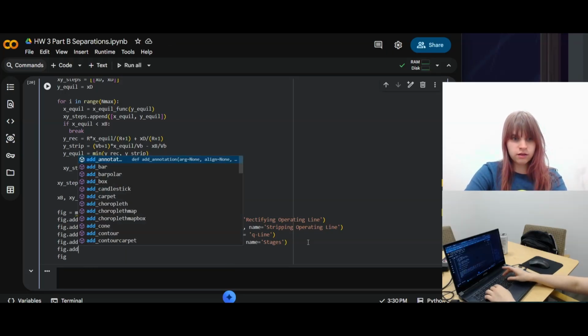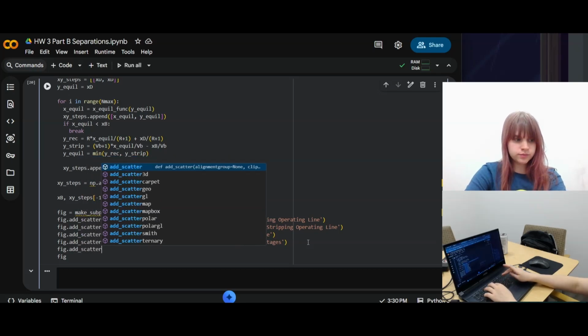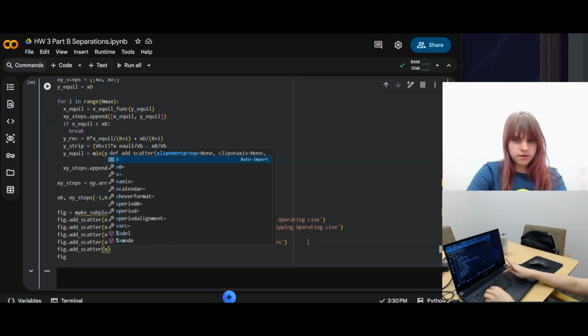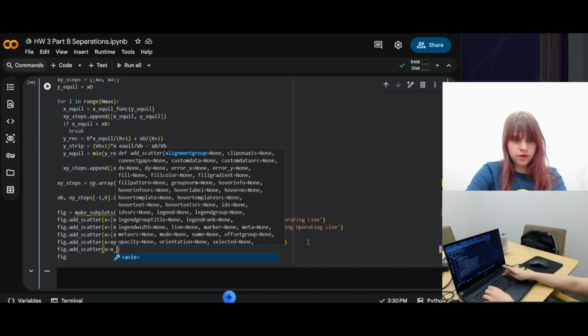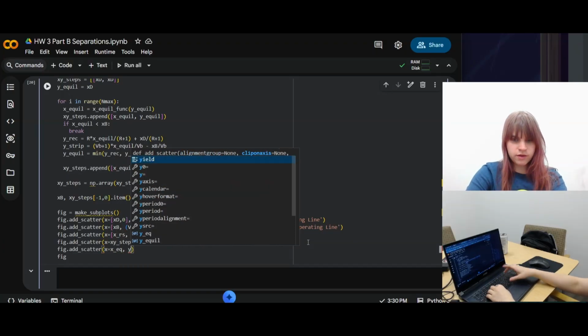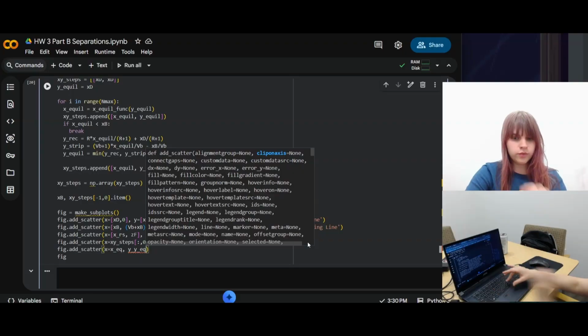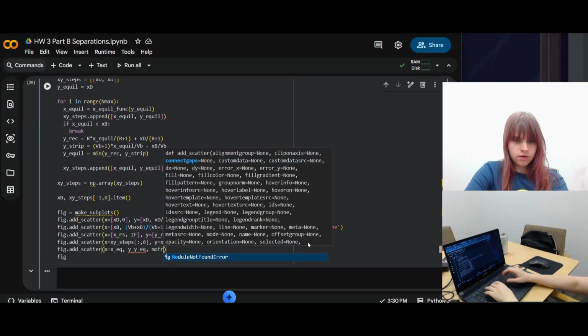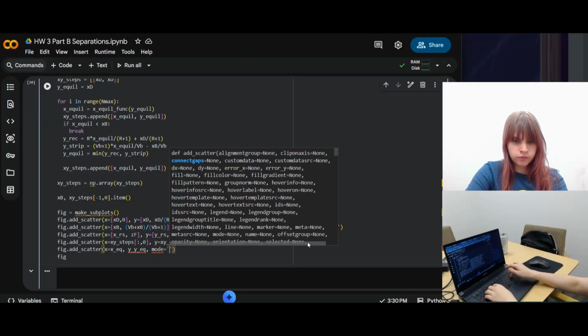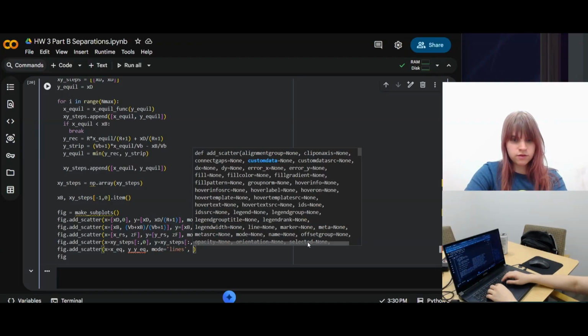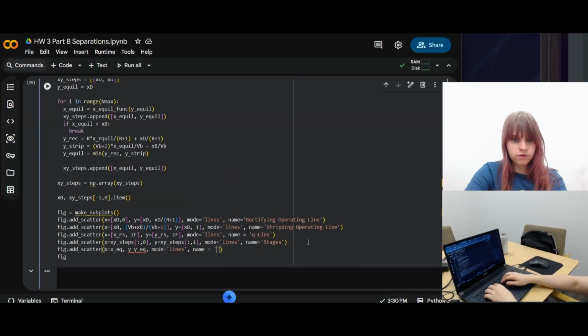So fig.add scatter once again. X is equal to the X equilibrium, Y is equal to the Y EQ, same mode, and this name is the equilibrium curve.